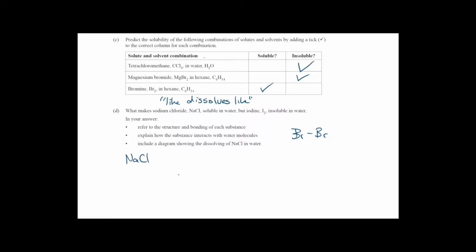Well, it's going to dissociate and pair up with its polar opposite. So the Na is going to be positively charged, and the chlorine is going to be negatively charged.